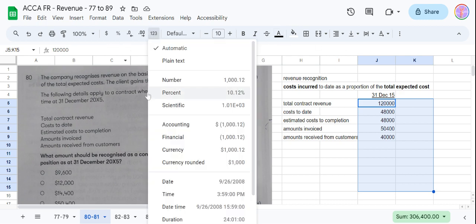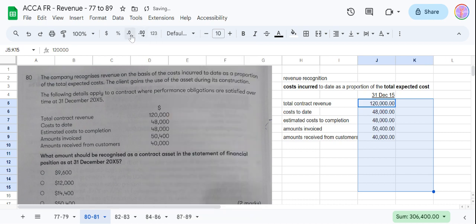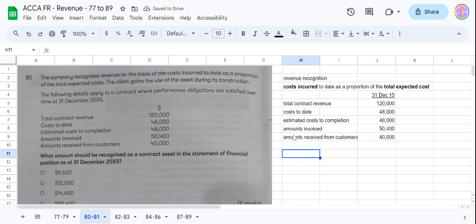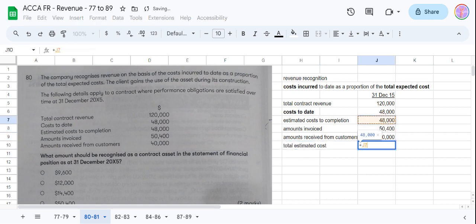Let me change this format to financial, no decimal places. Total estimated cost will be cost to date plus how much we are going to incur further, so 96,000 is going to be the total estimated cost.